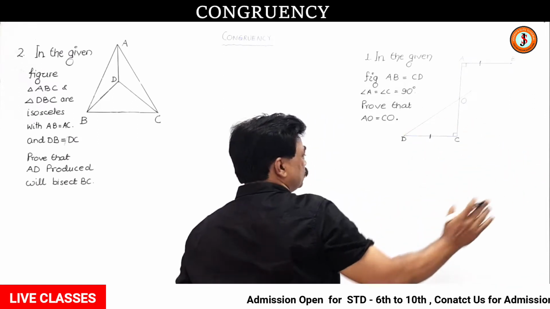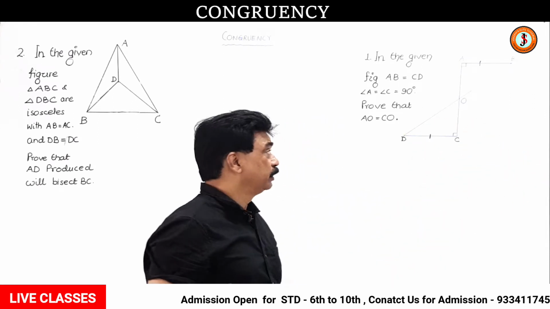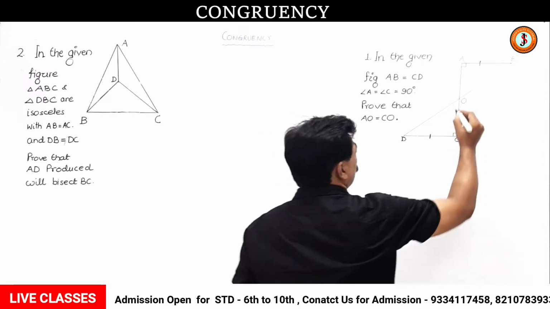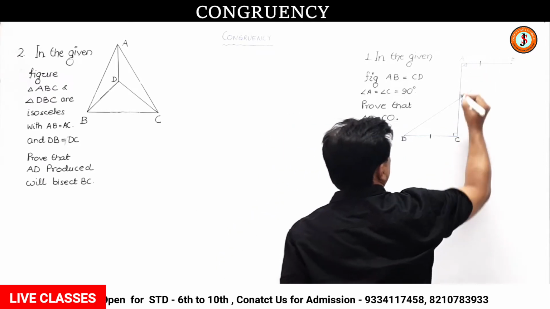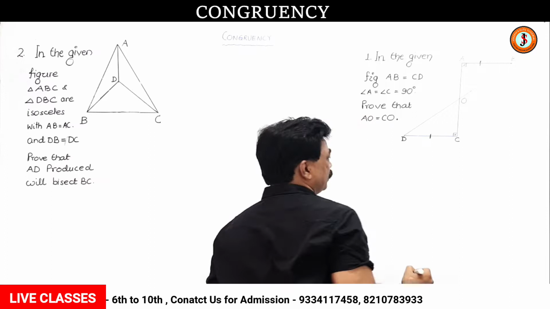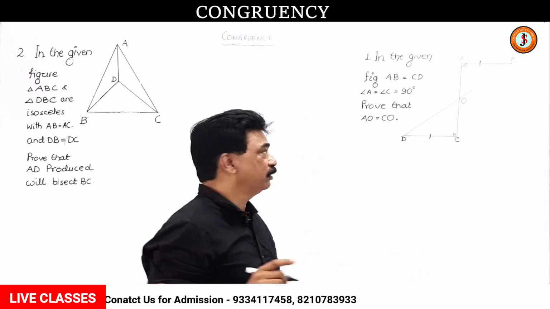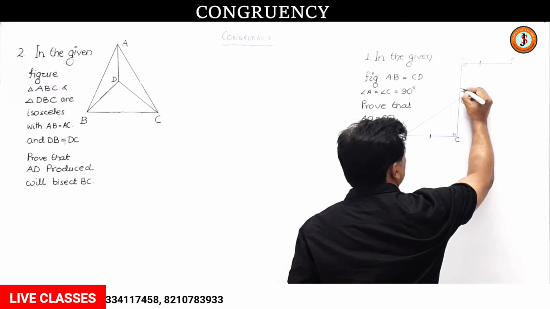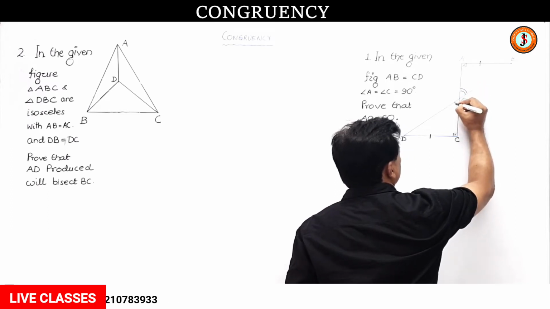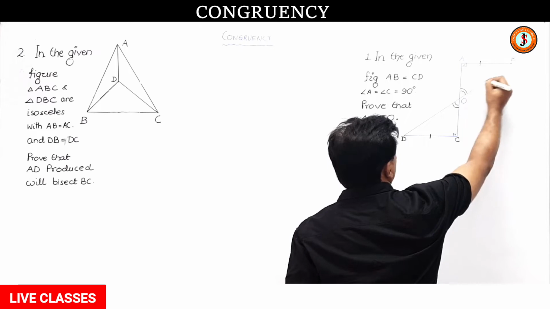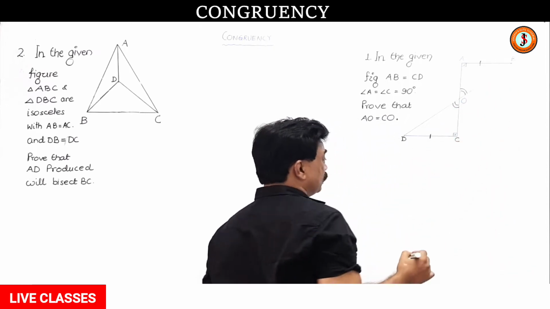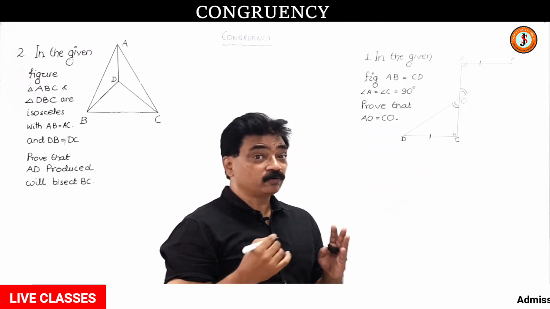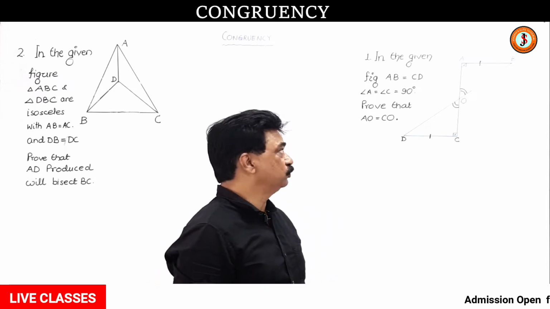Then we have one angle over here 90, and another angle over here is 90, so now I am getting one angle equal. And these two angles will be equal because they are vertically opposite angles, that is, angle AOB will be equal to angle DOC. Now this clears up what congruency criteria you should use.